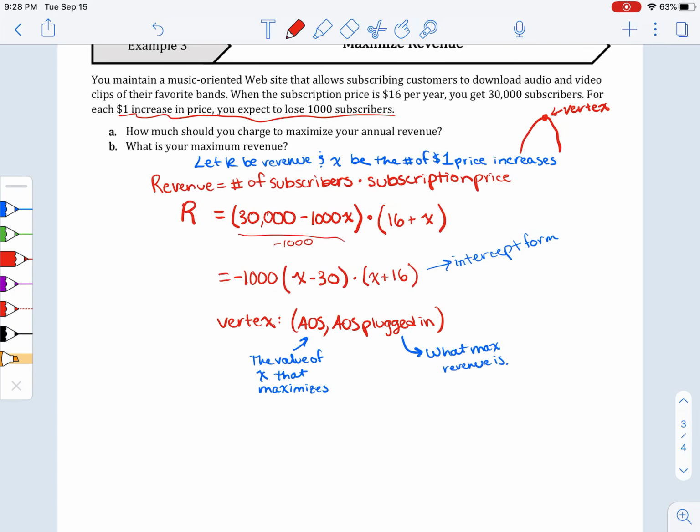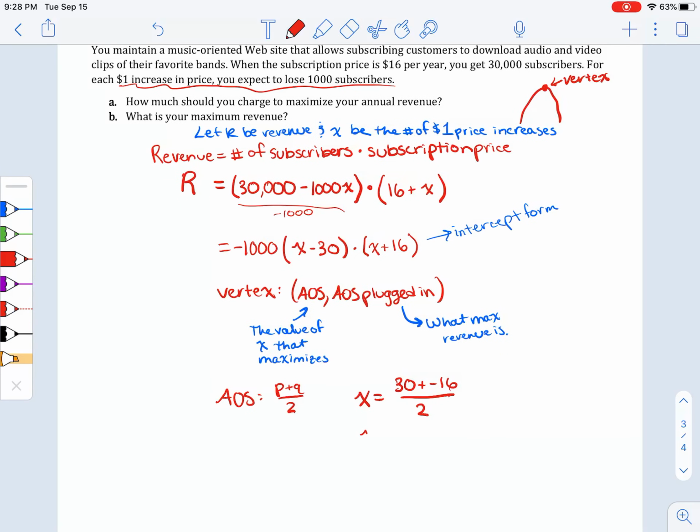So my axis of symmetry, when you're in intercept form, is equal to P plus Q over 2. And remember, you have to switch the sign of your P and Q. So in this case, my axis of symmetry is going to be x equals 30 plus negative 16 over 2. And that'll give me x equals 7.